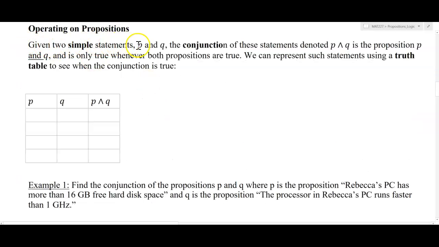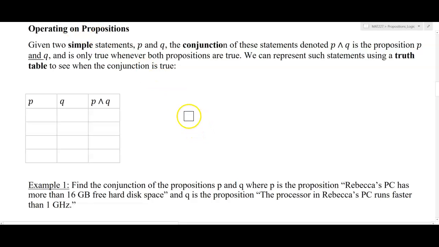So if we have two simple statements, P and Q, the conjunction, so think conjoined twins that are joined together, of these statements, denoted P with an upside down V Q, is read as P and Q. The conjunction is the proposition P and Q, and is only true whenever both propositions are true. We can represent such statements using a truth table to see when the conjunction is true.